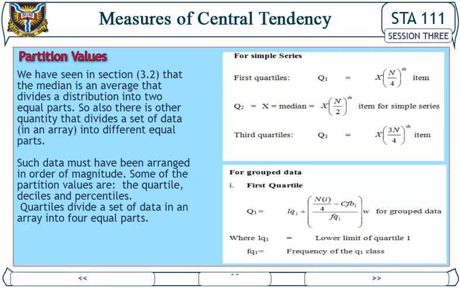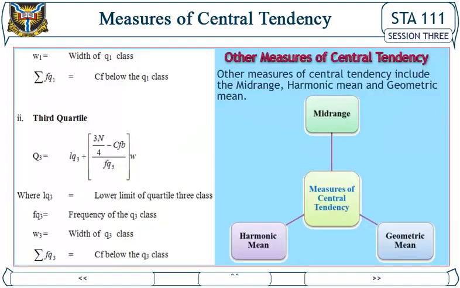For grouped data, 1. First quartile, Q1 is equal to, where lQ1 is equal to lower limit of quartile 1 class, fQ1 is equal to frequency of the Q1 class, W1 is equal to width of Q1 class, summation fQ1 is equal to CF below the Q1 class. 2.